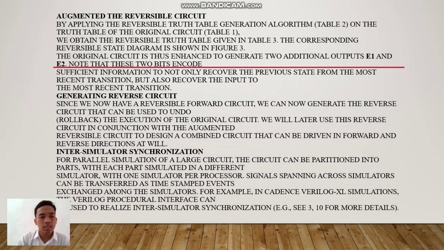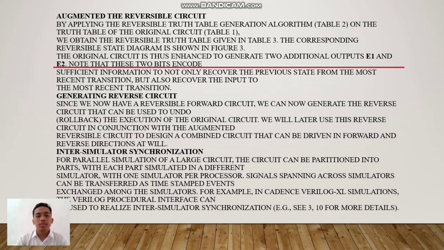the most recent transition. Addressing the reverse circuit: since we now have a reversible forward circuit, we can now generate the reverse circuit that can be used to undo or roll back the execution of the original circuit.